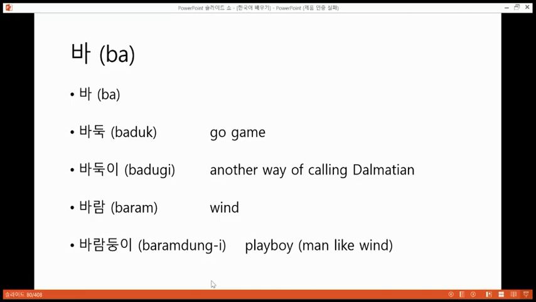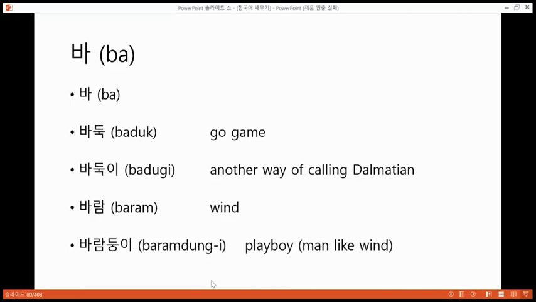I was watching some Korean drama in Netflix, and they call it 바둑 as go game. Anyone knows go game? There's a black and white stone on the table. So we call it in Korean 바둑. 바둑 is famous in China, Japan, and Korea. 바둑 is go game.